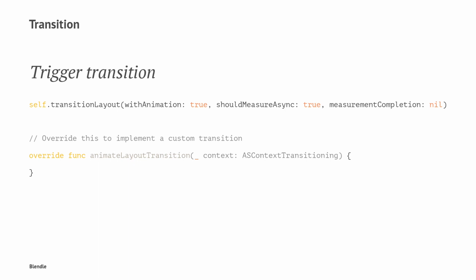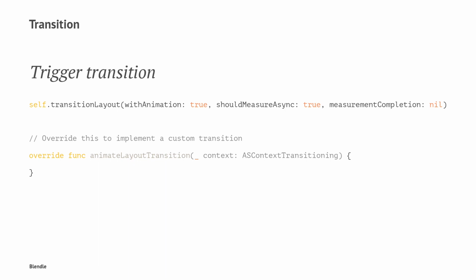By default, it will do a new layout pass. So in our situation, it would say, oh, well, the data is loaded. I want the full layout spec for a card that is loaded. And it will compare the current layout spec with the new layout spec, see which nodes need to be added and removed, and it will automatically do a fade animation.